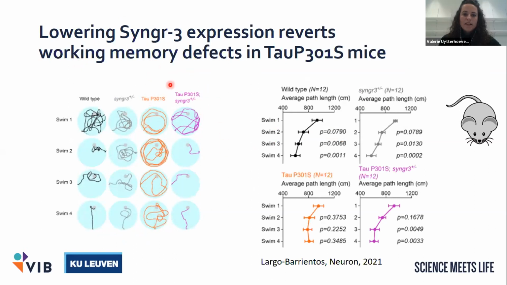But when we train tau mutant mice with reduced levels of synaptogyrin 3, we see that they perform as well as the wild-type littermates, indicating that reducing synaptogyrin 3 levels on the synaptic vesicles leads to a reduction of tau association with synaptic vesicles and more healthy synapses.